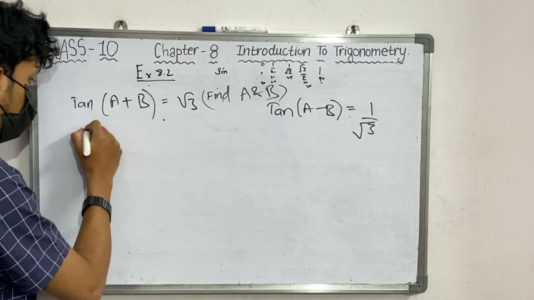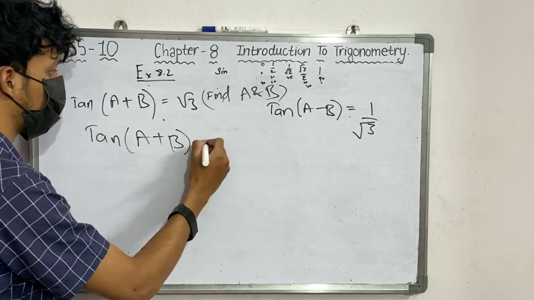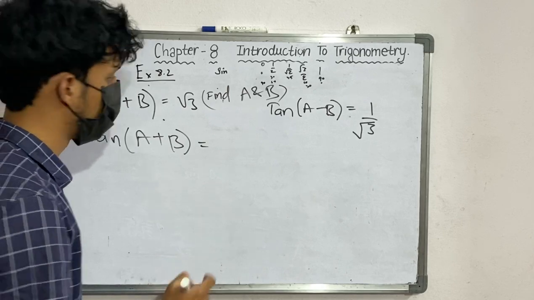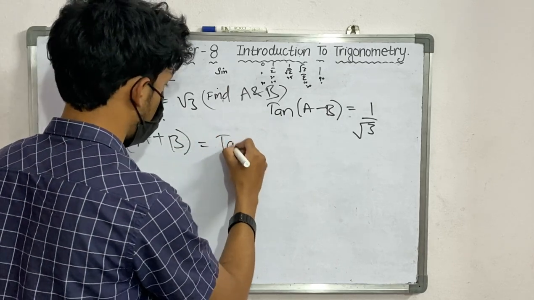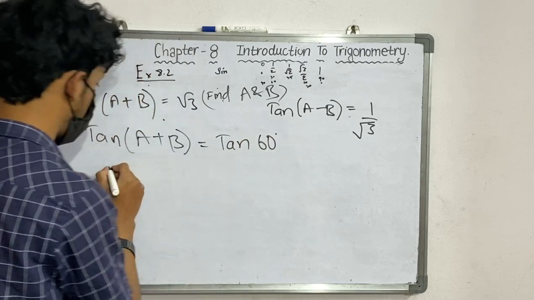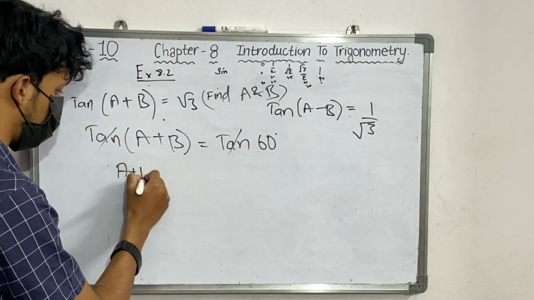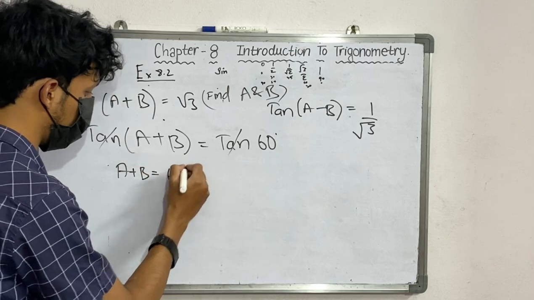So tan(A plus B) is equal to tan 60, which is root 3. So tan and tan get cancelled, and A plus B is equal to 60 degrees.